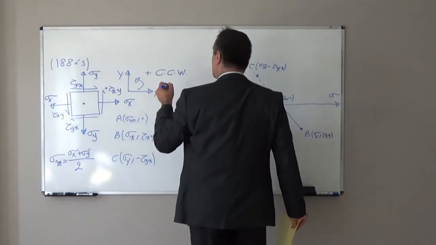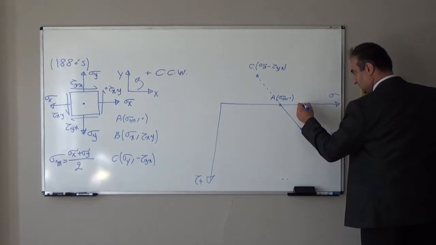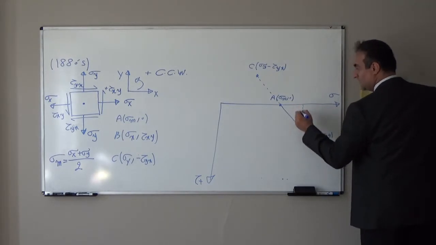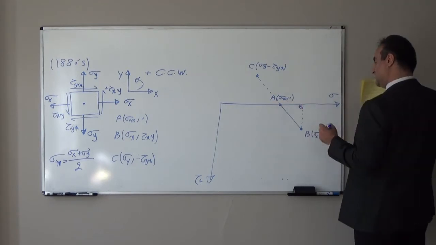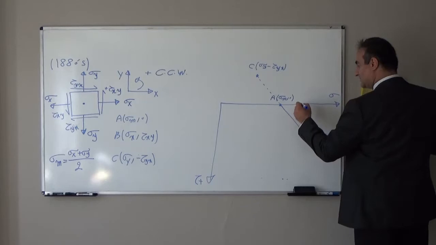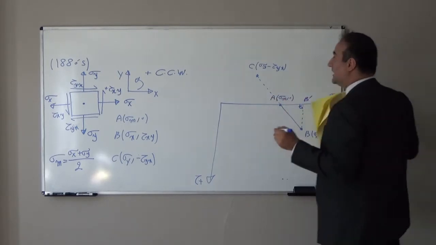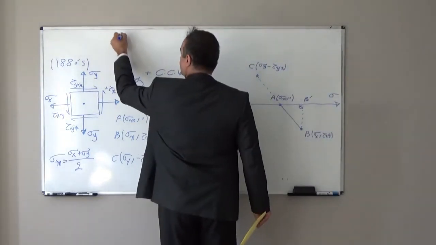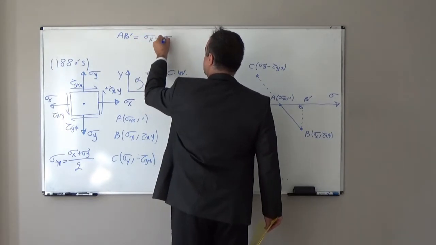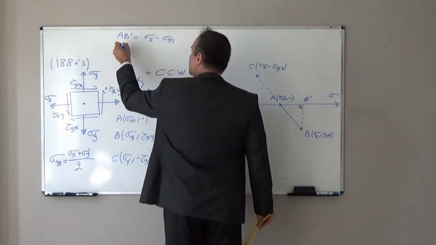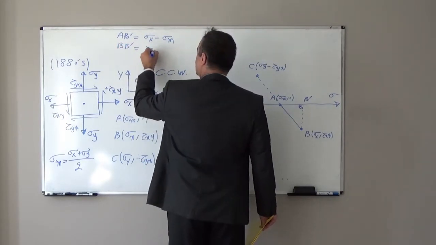How will we find R? In order to find R, we should find the length of this leg in this right angle triangle. If I write it A, B, B prime, AB prime is equal to sigma x minus sigma m, and BB prime was equal to tau xy.